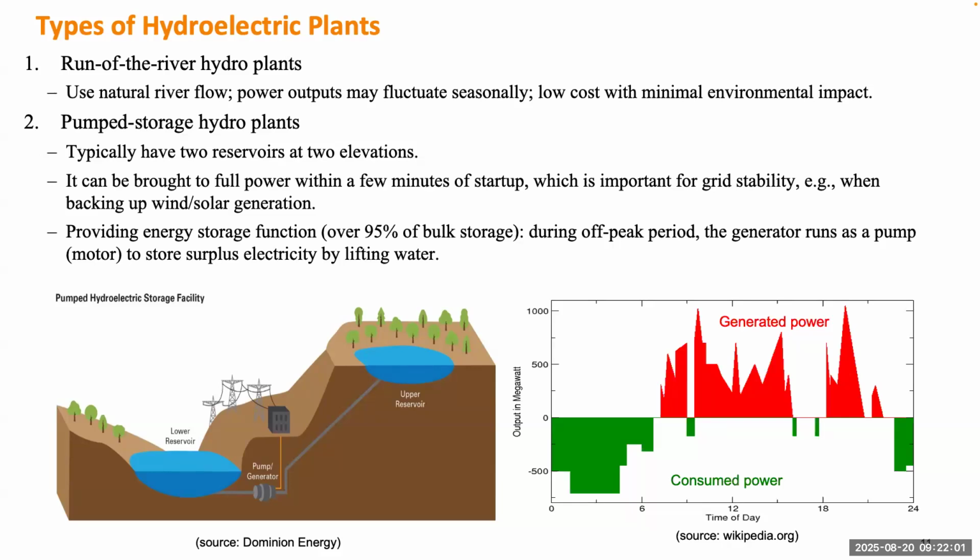Okay, if you use the red and green colors to differentiate the energy generated or consumed by this power plant, during the peak hours it will generate electricity. The water will flow down from the upper reservoir to the lower reservoir. And during the off-peak hours, it will use electricity from the grid.